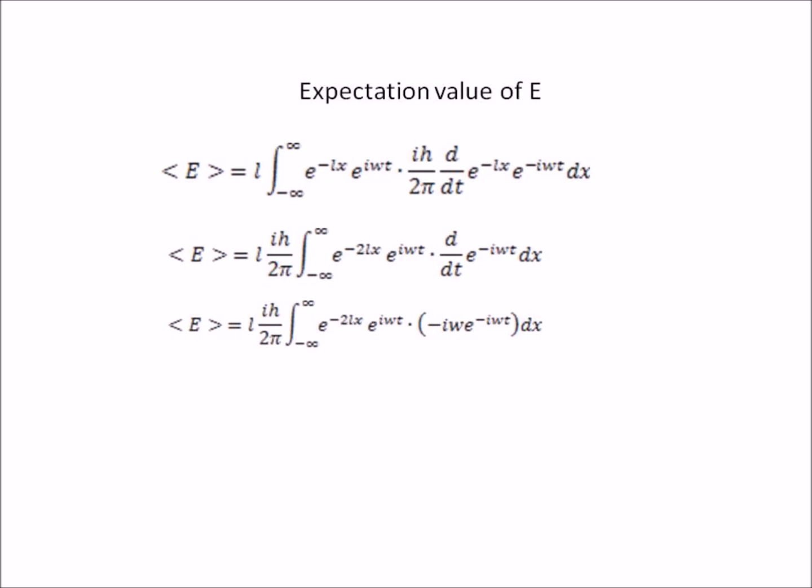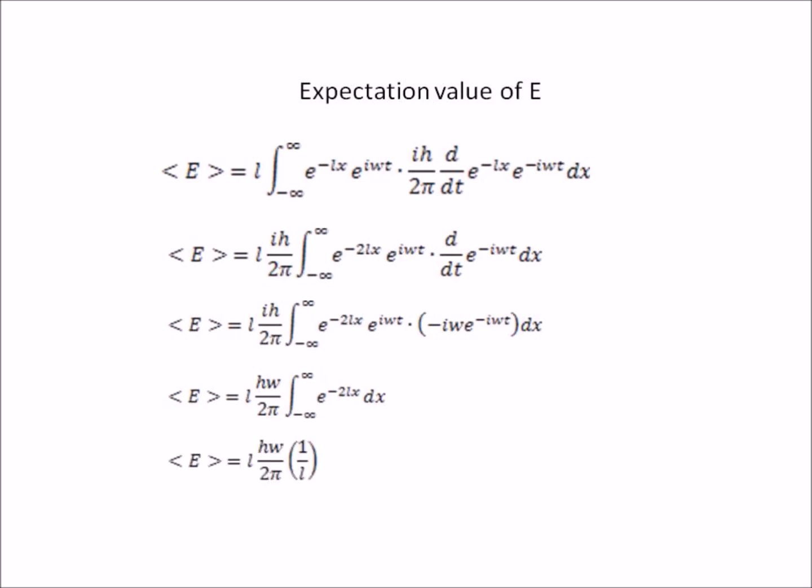So substituting this into the integration we can solve further, and now we have taken i omega, minus i omega outside the bracket, so i into minus i is plus 1, and in this case now again the time part is vanished and the only part remaining in the integration is e raised to minus 2Lx dx.